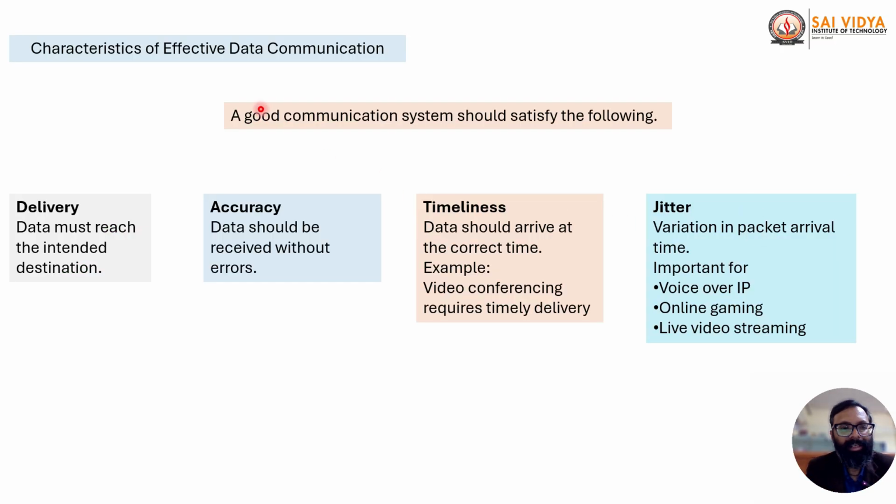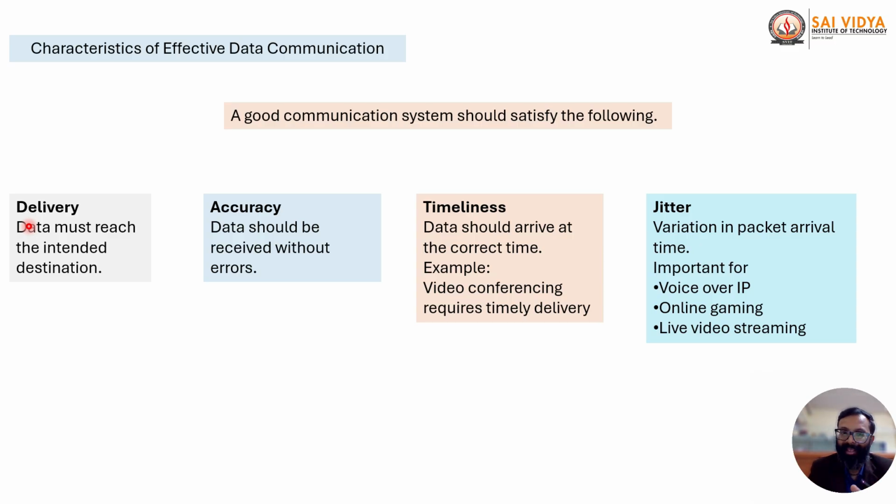So what are the characteristics of effective data communication, that is, a computer network? A communication system is efficient when it satisfies all these characteristics. The data must reach the intended audience, that is the destination; that is delivery. Data delivery is very important.